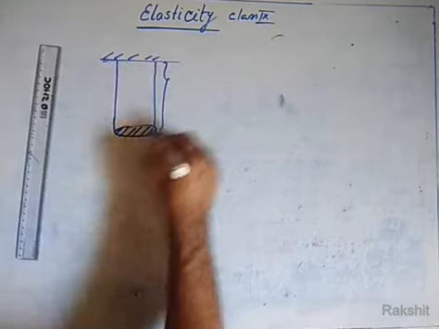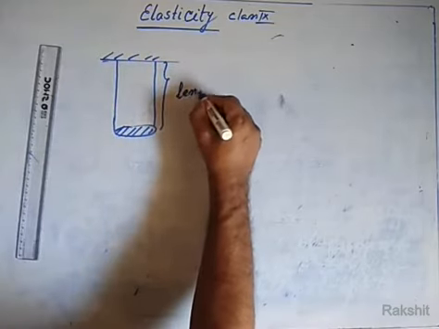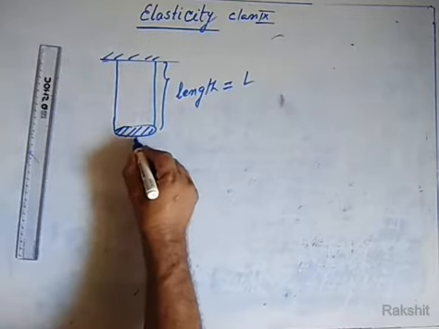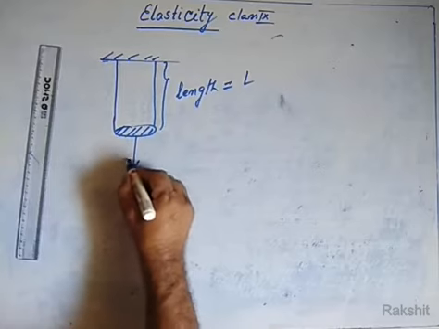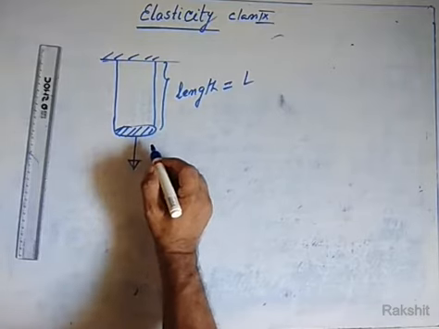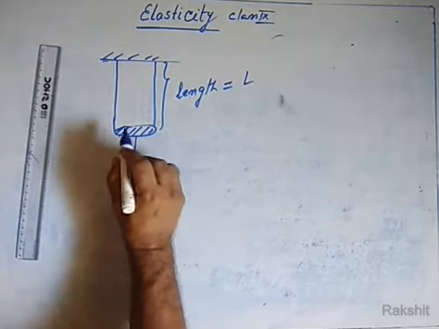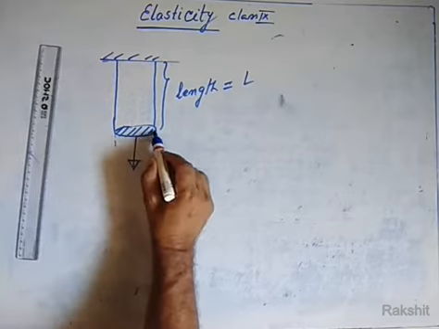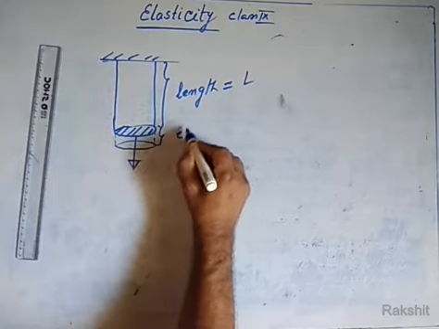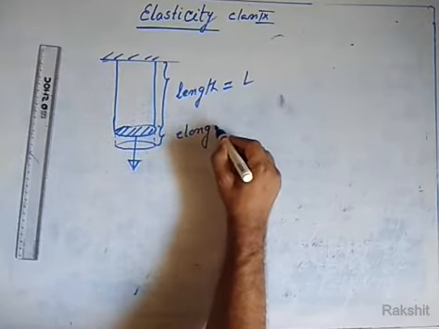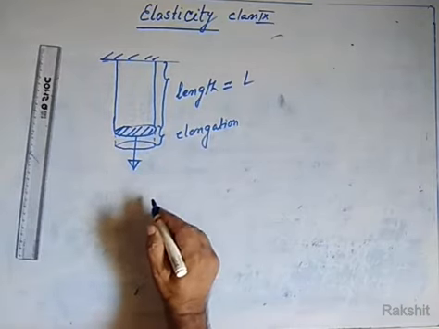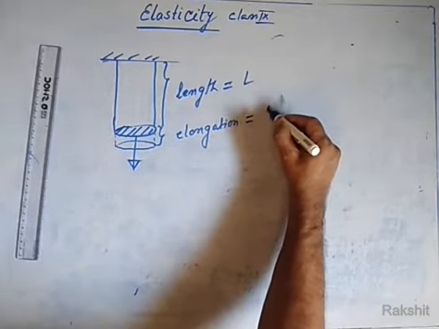The original length is equal to L, and when this force is applied, the length increases. That means the rubber tube is being elongated, and the elongation, that means the change in length, is equal to delta L.